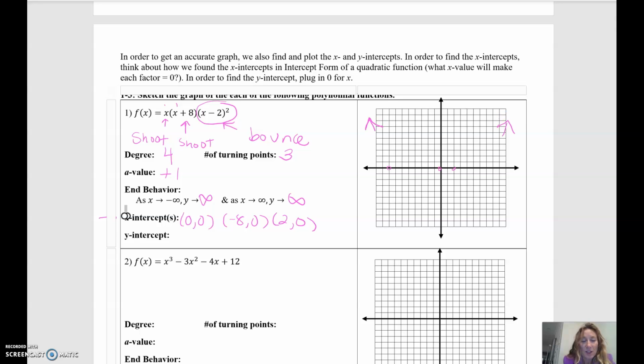And then I'm going to notice that I'm just going to pass through these other ones. And then at this one, I'm going to have a bounce. So I'm going to draw it like this. And then this one, I don't need to sketch the other ones specifically. So in order to make the end behavior work, I actually need to sketch it like this. And that will be my function.